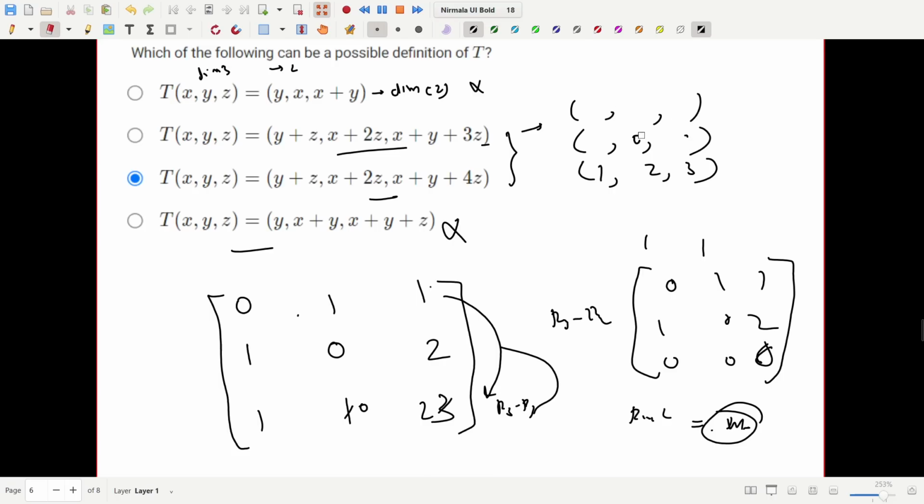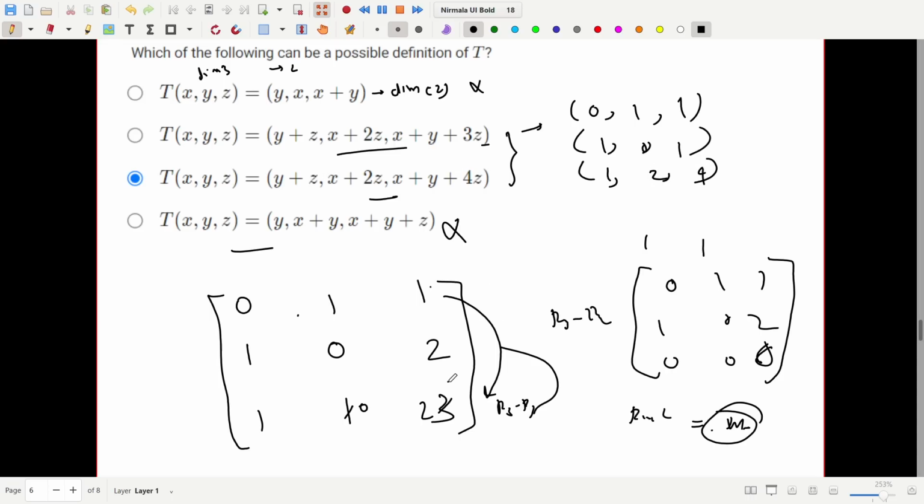So let's check the third option. For one-one injective, the nullity should be 0. So let's check the third one. If we put x equal to 1, then it will become 0 1 1. First, let's put y equal to 1, then 1 0 1. Then z equal to 1 gives 1 2 4.